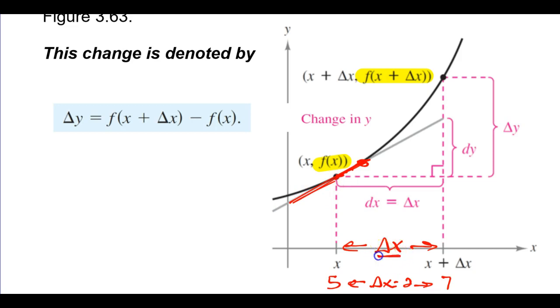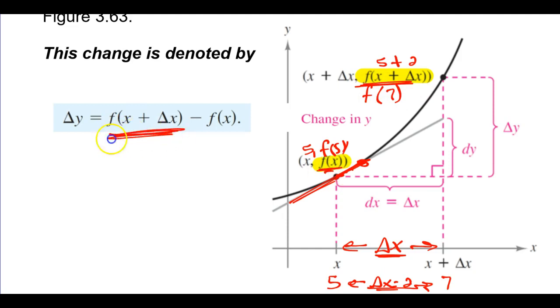So notice though, if delta x is 2, then this would be 5 comma f at 5, and then this would be, well, some distance over. So that's why they're saying start at 5 and then add that delta x to get to f at 7, or the y value. So notice this definition is y minus y.